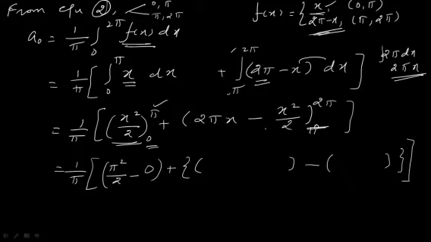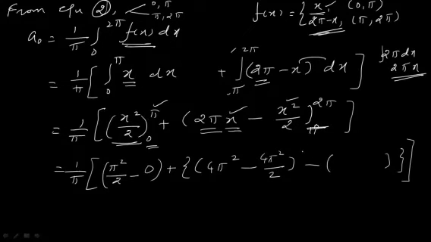Okay. Now here you have two portions, you have x. So first replace this x by 2 pi. What happens? 2 pi product 2 pi, that is 4 pi square. Minus, here if you replace this x by 2 pi, what happens? 2 pi the whole square is nothing but 4 pi square divided by 2, right?